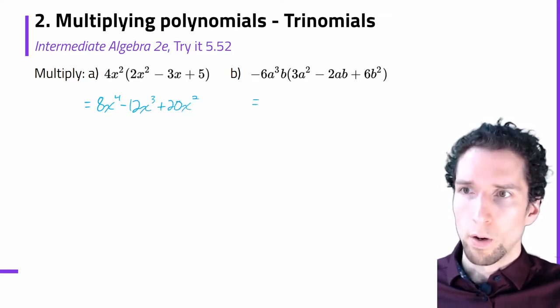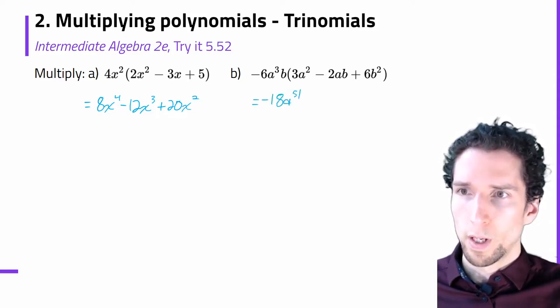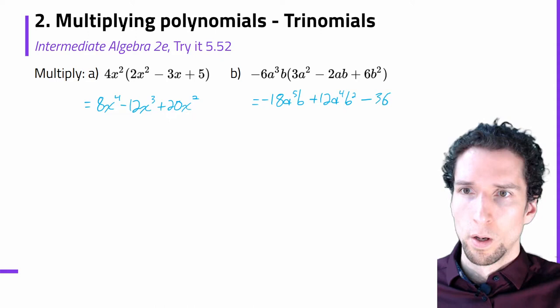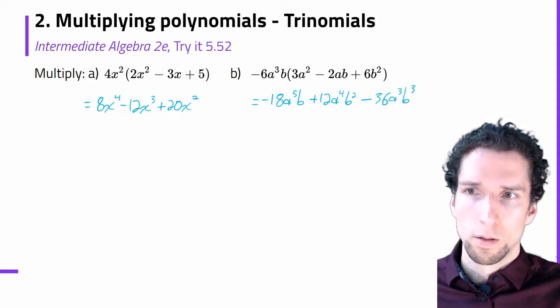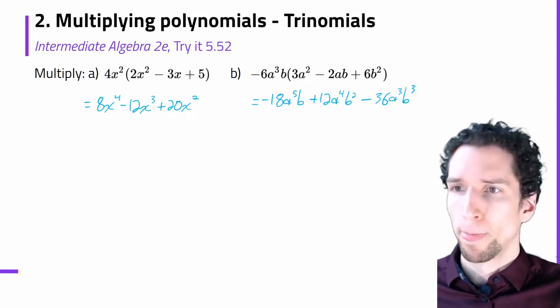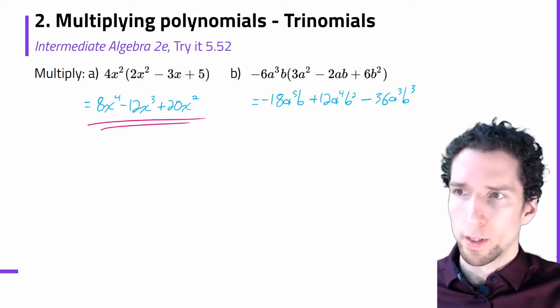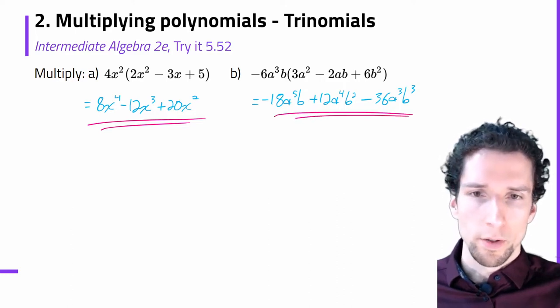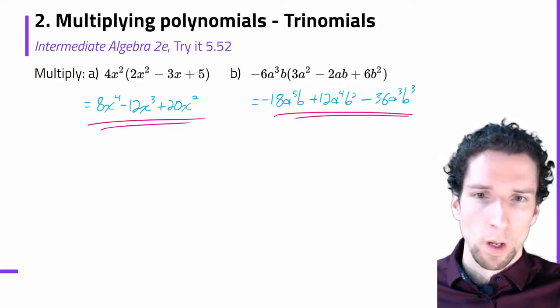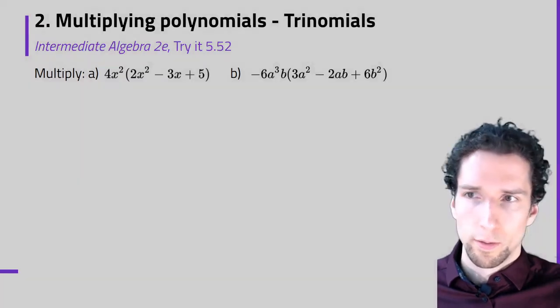And on the other one here, we will have negative 18a to the exponent 5b plus 12a to the exponent 4b squared and minus 36a cubed b cubed. Okay, hopefully you got the same answers when you did these. So still not that tricky, really.